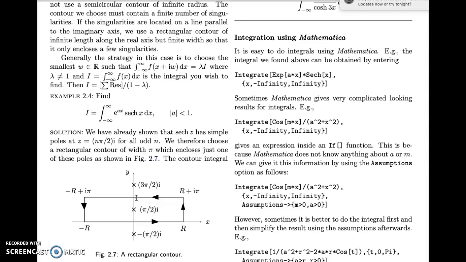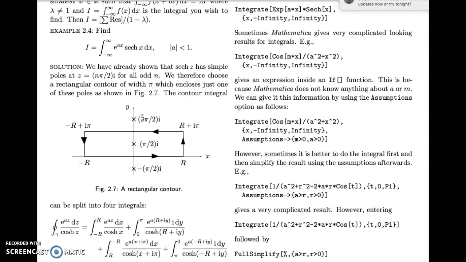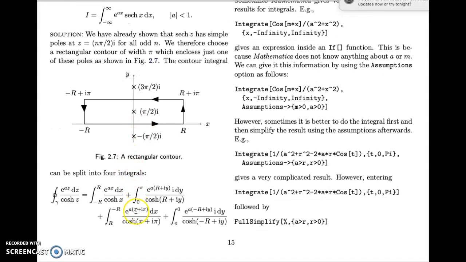It's reasonable because, remember, sec x is 1 over cosh. Now, if you remember, cosh of x plus i pi is simply minus cosh x.